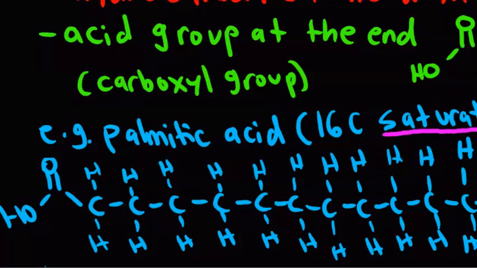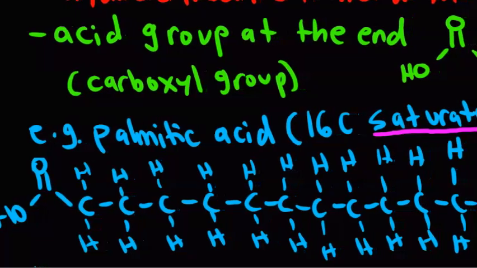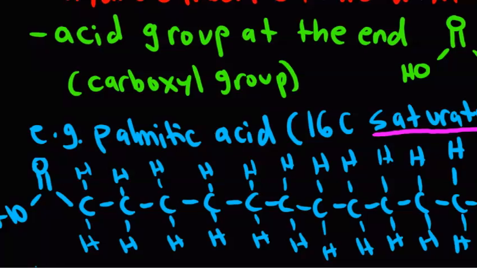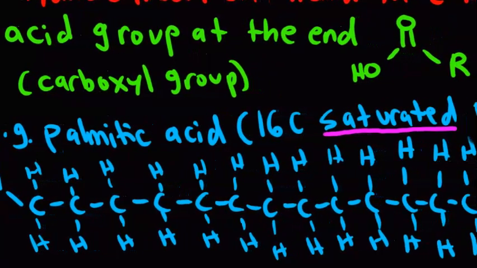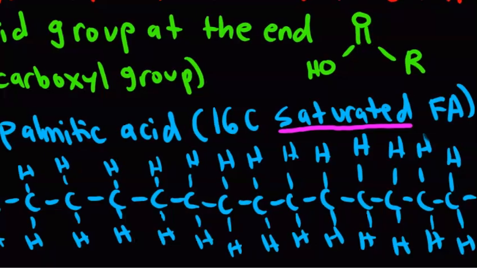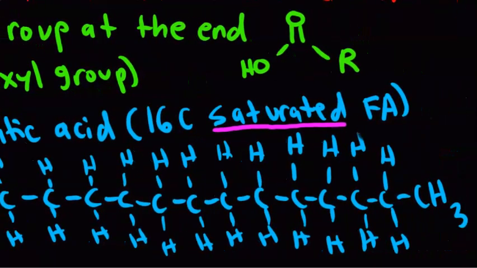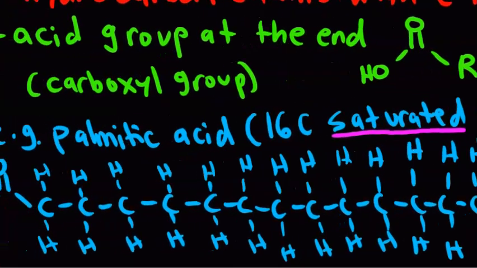And palmitic acid is a saturated fatty acid, which means there's no double bonds. There's the maximum number of hydrogens and only single bonds. So palmitic acid is a 16 carbon saturated fatty acid. Okay, and that means that these molecules pack very close to one another.